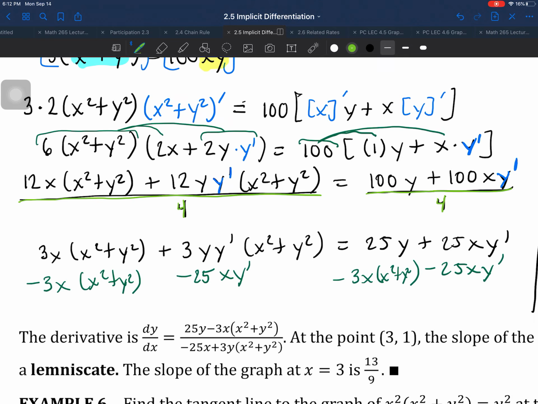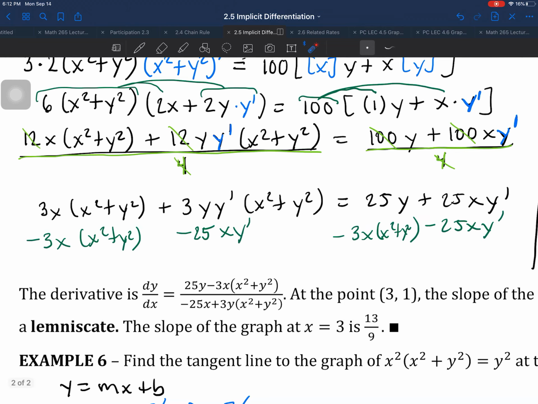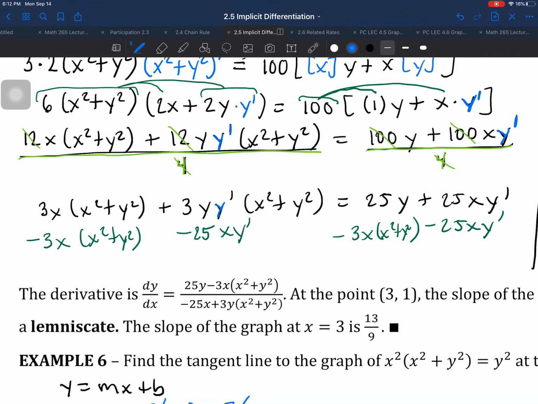So these will simplify. Remember that every term will be divided by 4. That's how we got the 3x, the 3y, the 25y, and the 25x. I'm going to go ahead and write this as y prime.